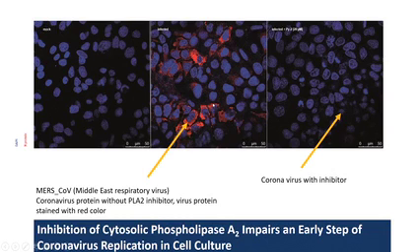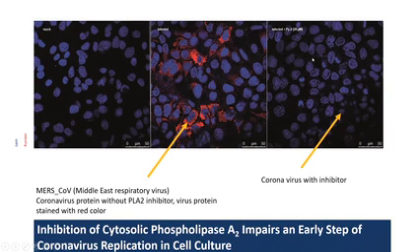A red color means the cells in the cell culture are infected with the coronavirus. Here are the normal cells that don't have any virus. And then these are the infected cells with no phospholipase A2 inhibitor.